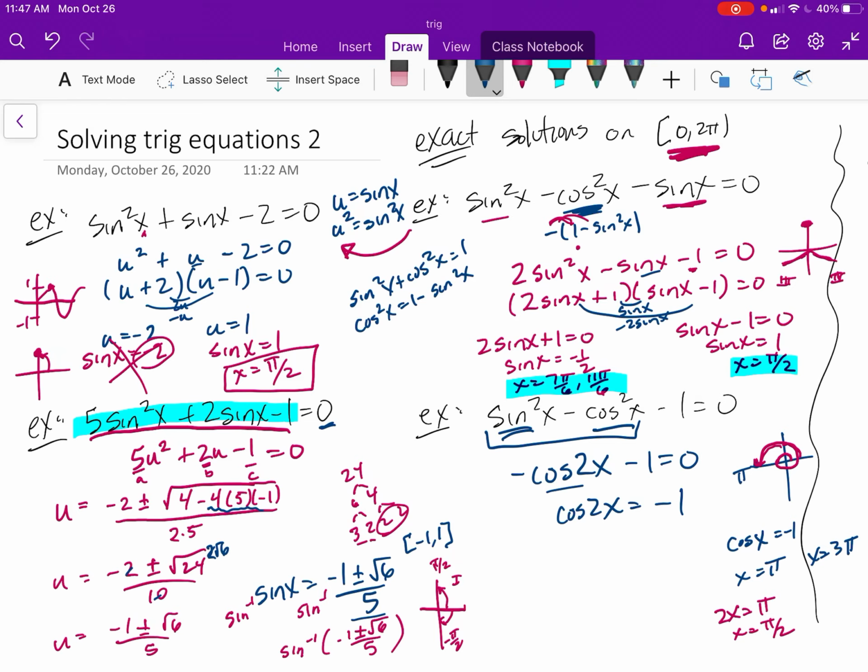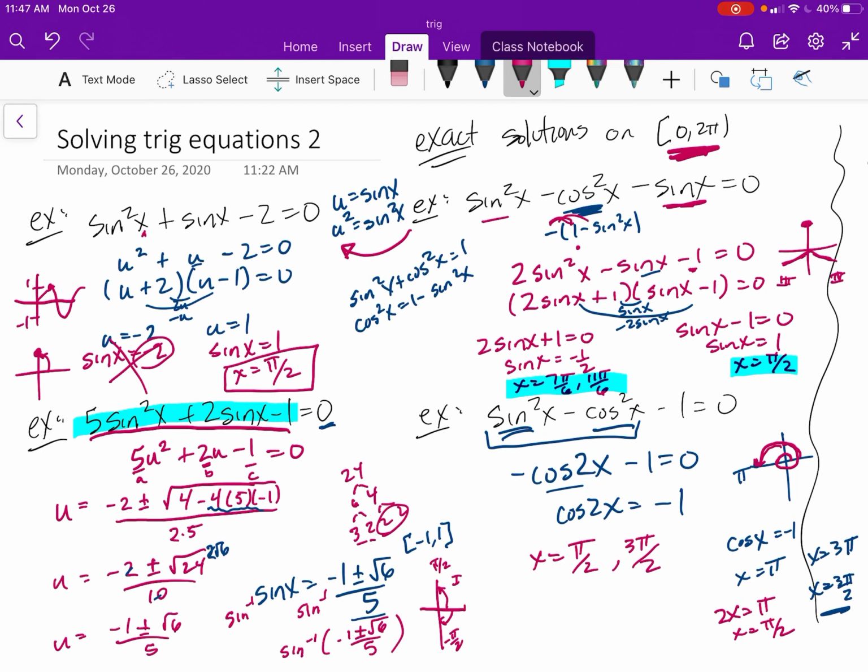And we would get 3 pi over 2. And that is still within our original constraint of 0 to 2 pi. Alrighty. So we have two solutions. X is pi over 2 or 3 pi over 2. Cool.